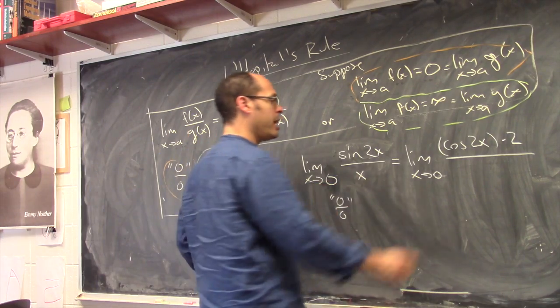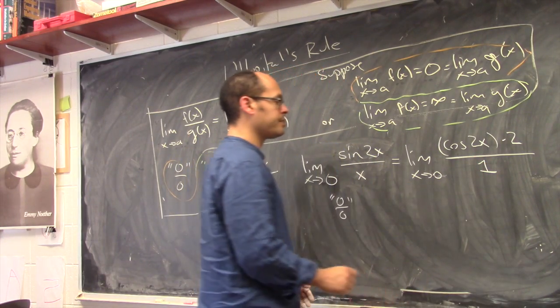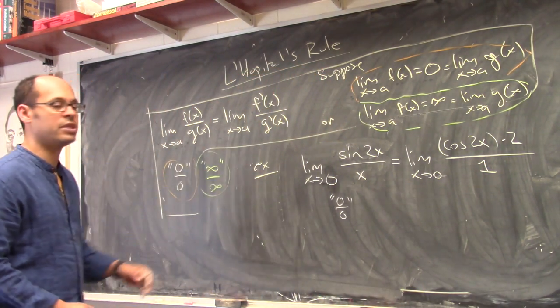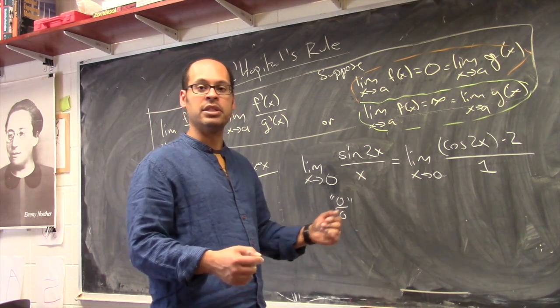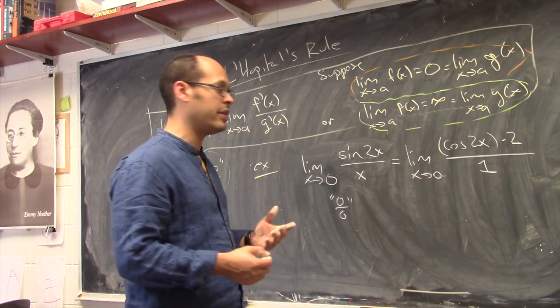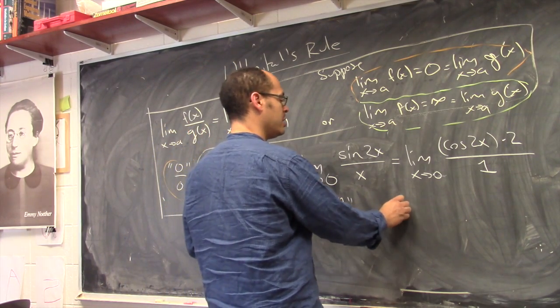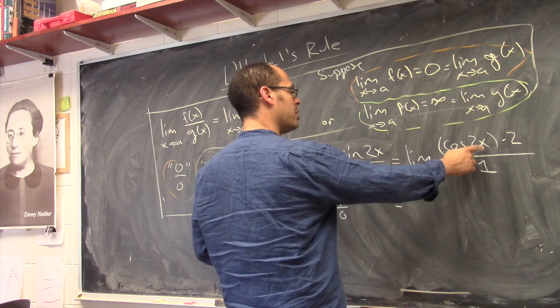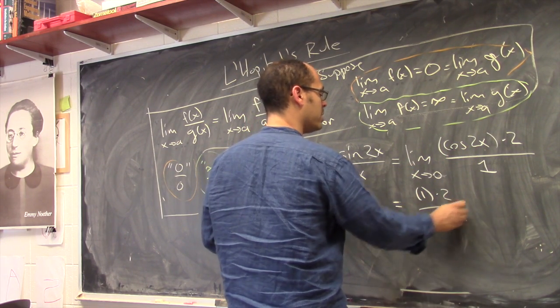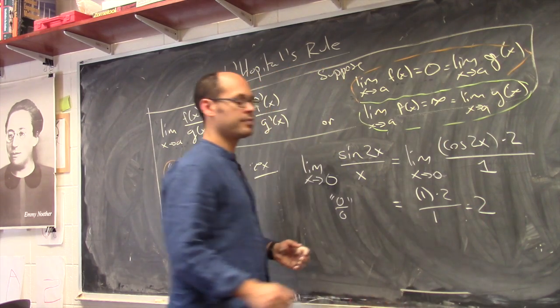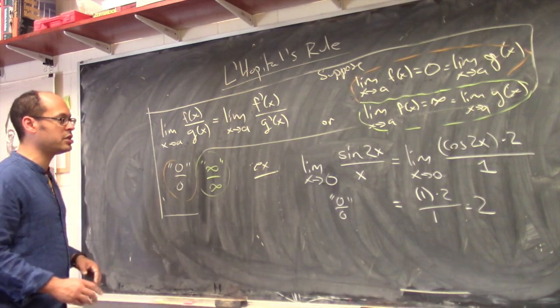And taking the derivative of the bottom gives me just a 1. So these two limits are actually going to give me the same answer. But then the second one is very easy to evaluate. I can just plug in. Everything is nice and continuous. If you plug in, you get the cosine of 0, which is 1, times 2, divided by 1. The answer is 2. It's a very quick and easy way to do that limit.